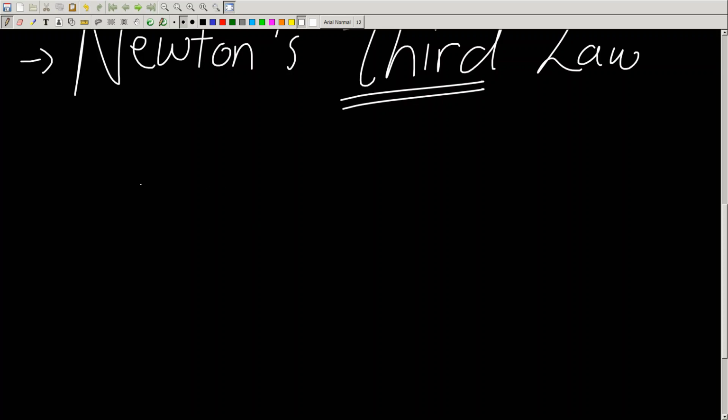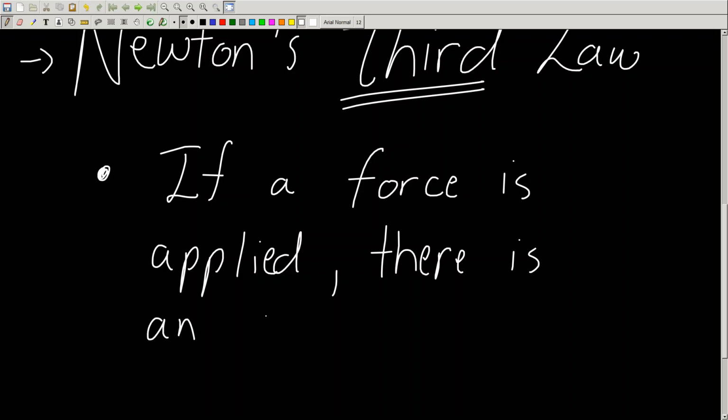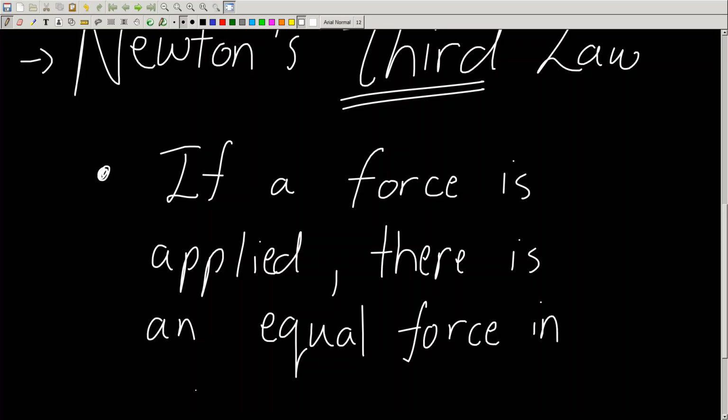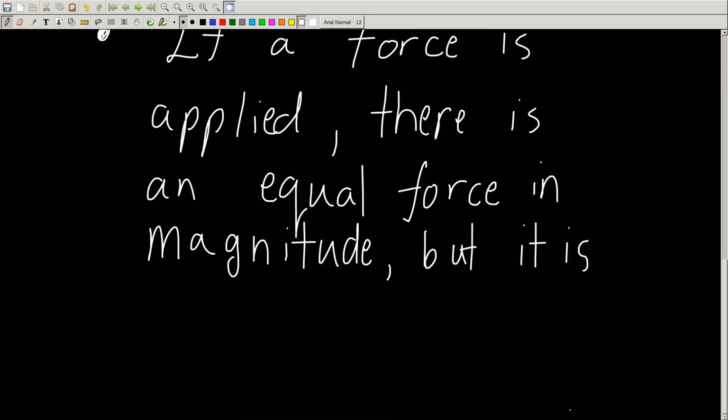Now, folks, here's basically Newton's third law in words. If a force is applied, there is an equal force in magnitude, meaning the strength of the force is the same, but this force is opposite in direction.